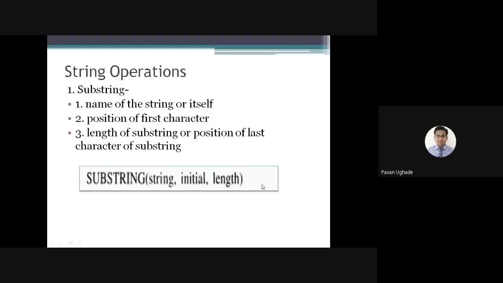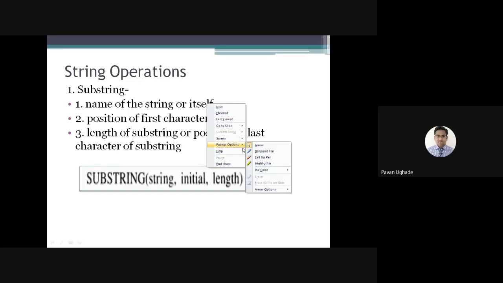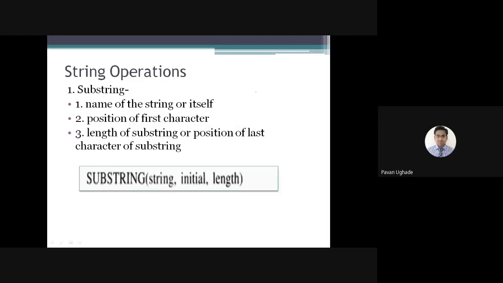Okay, so the first operation that we'll be seeing is substring. Substring is a part of the string. You might have heard the word substring. It is a part of the string. Let me explain how it is a substring. Let us say you have a string, elephant.